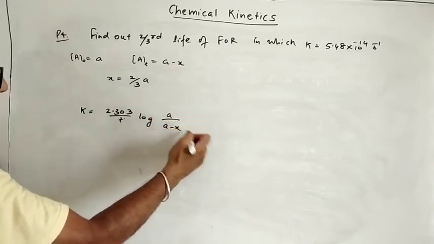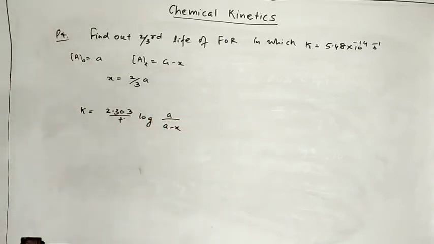This is the rate constant equation for first order. Just put the value to find T2 by 3.